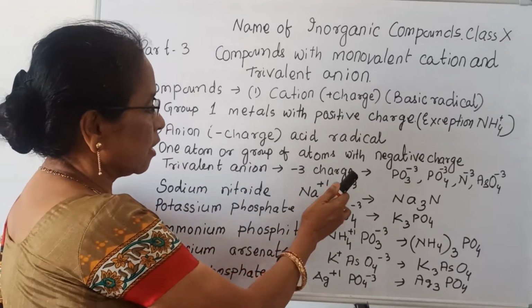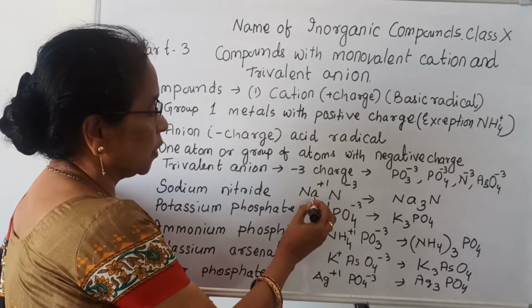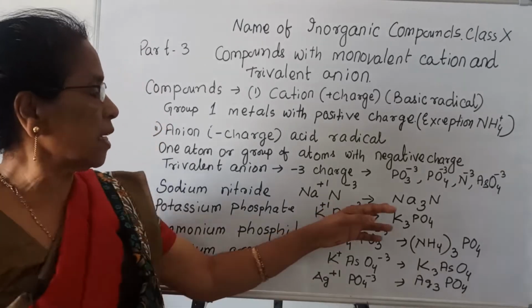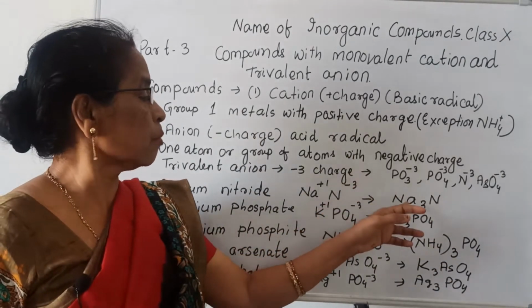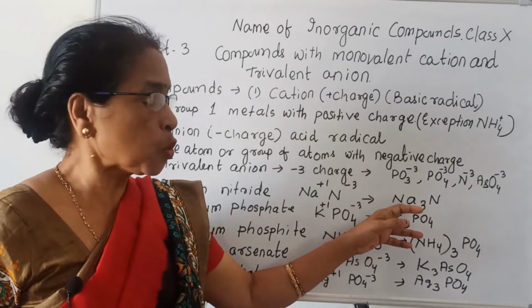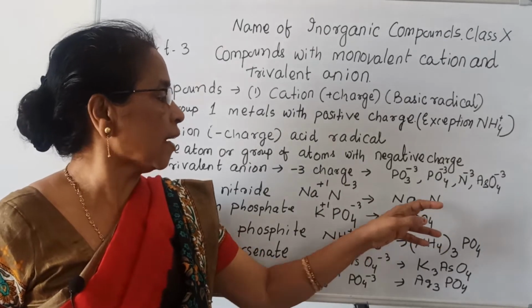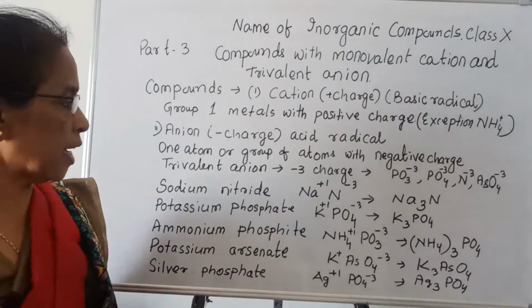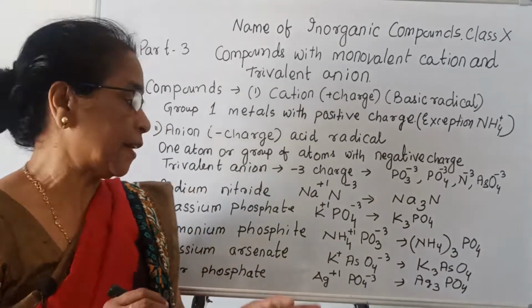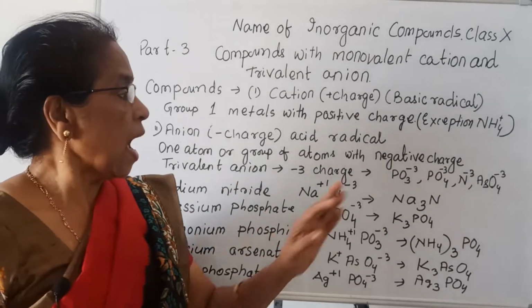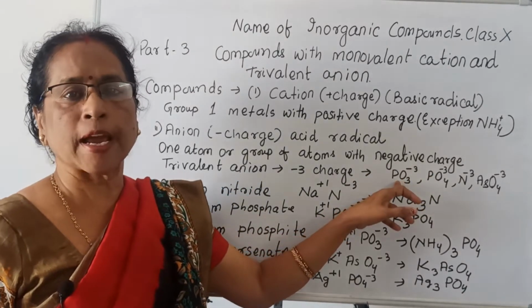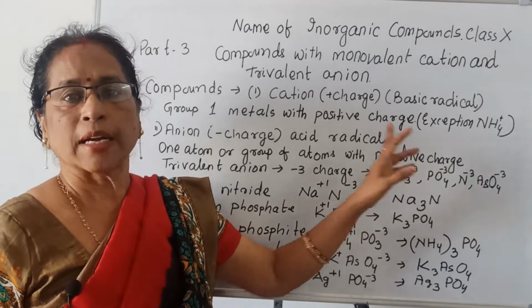The 3 comes here, the 3 comes here, and 1 comes there. That means Na3N. Since the 3 comes to Na, this is sodium and this is nitride. What is the formula of sodium nitride? Na3N.